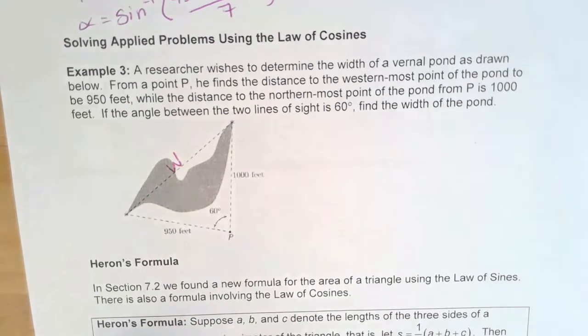We can use the law of cosines. The great thing is we only have to do one step because we only need to find that one side, which we can do using law of cosines.